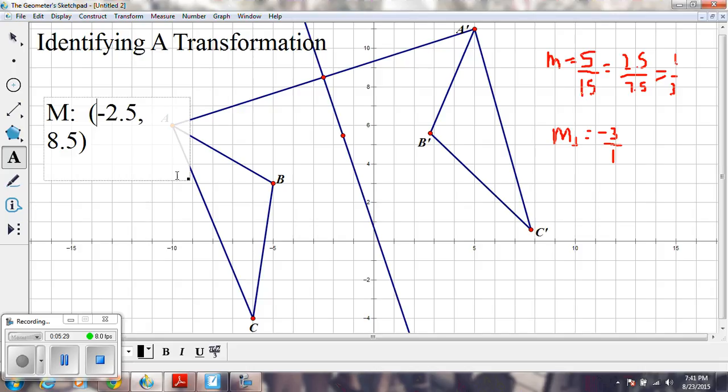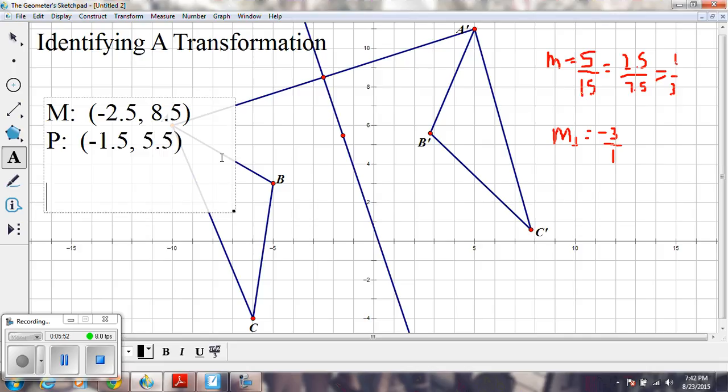And from there, we had another point using our slope. That would be at negative 1.5, 5.5. Okay, so we want to write the equation of the line that passes through these two points.